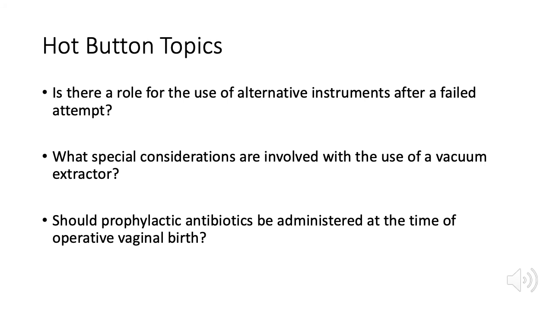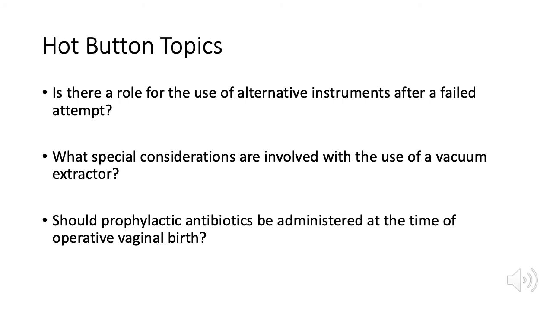However, recently there was a study of about 1,300 nulliparous women who underwent an operative vaginal birth with use of sequential instruments versus single instrument. And they did find a higher risk of anal sphincter tears and lower umbilical artery pH in the group that underwent sequential instrumentation. So again, this is not recommended, but if you feel that it is possible, you can use sequential instruments.